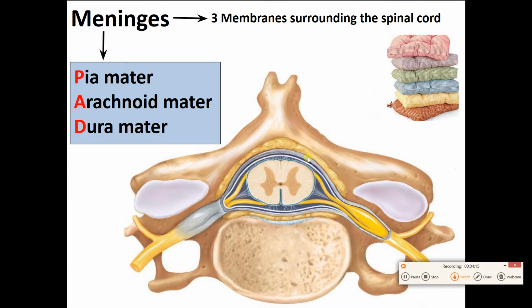They're all connective tissue membranes, and they go from really, really loose to a little bit denser to quite dense. And they pad the brain. So those are our meninges. Don't forget that the spinal cord only has a one-layered dura mater, whereas the brain has a two-layered dura mater. So keep that somewhere in your brain.